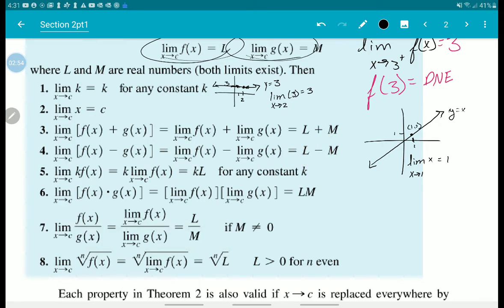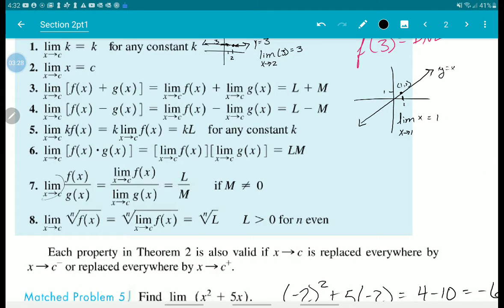And then we have a scalar multiple property that says if I want to take the limit of some number k times f of x, and I know this limit as x approaches c of f of x is L, then all I have to do is multiply it by whatever that scalar value is, k. Property 6 says the limit of the product is equal to the product of the limits, so we just multiply those together.